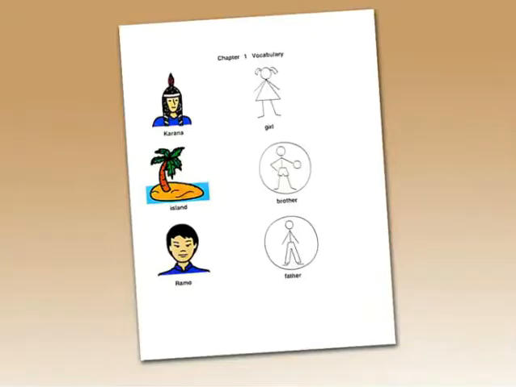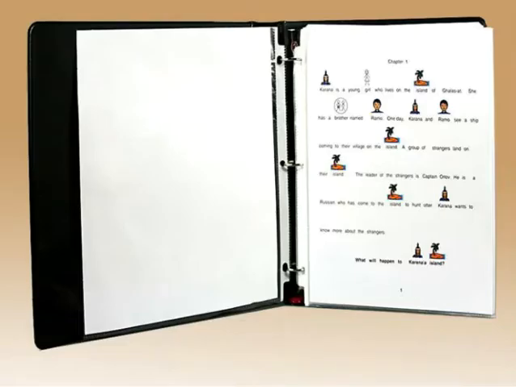They utilize symbols here to identify Chapter 1 vocabulary words, and you can see they used not only characters but also words such as island, brother, and father. Then they use writing with symbols to condense and summarize the chapters and make them a little bit easier for those students to understand. But again, they're still having access to that grade level literature, so that's very important.